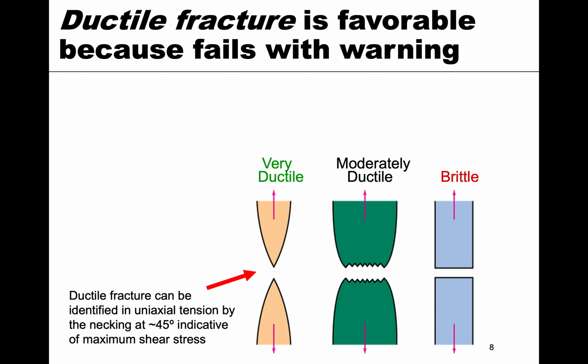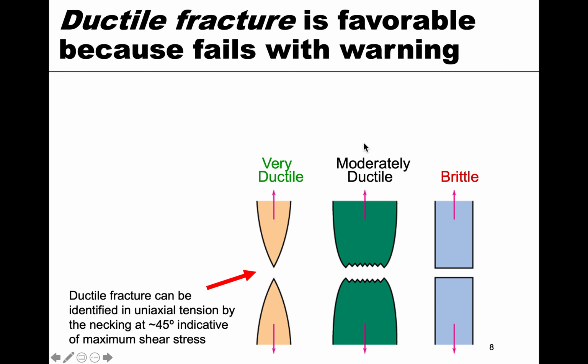Ductile fracture is always going to be favorable because it fails with warning. It's not just sudden. When we talk about brittle, there's not much change in appearance before it fails, and the failure is very rapid and instantaneous. In ductile, we get warning.